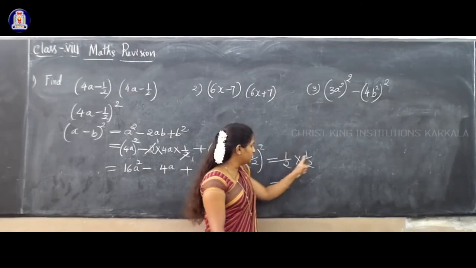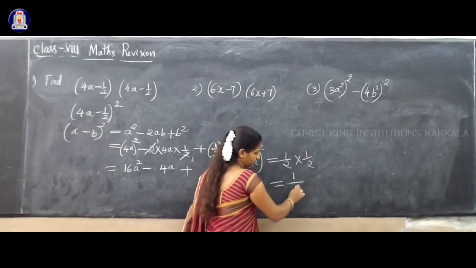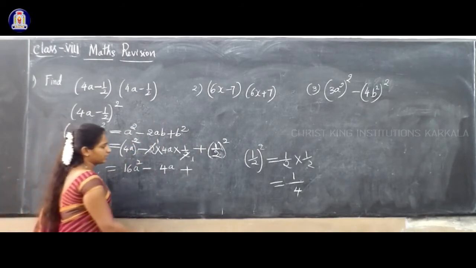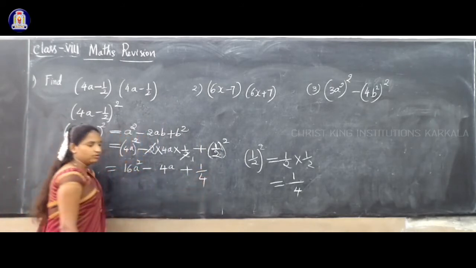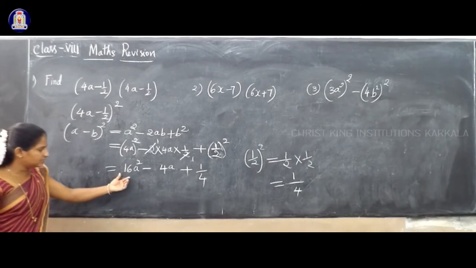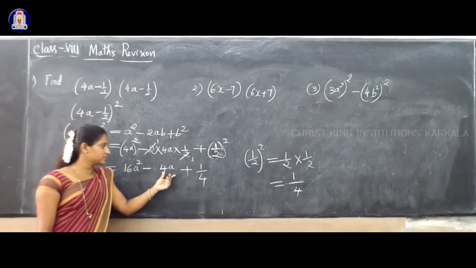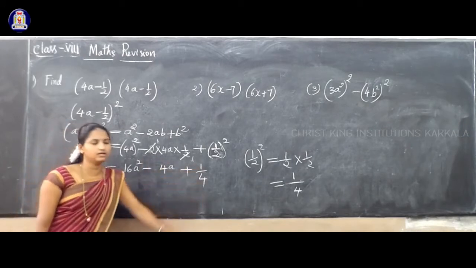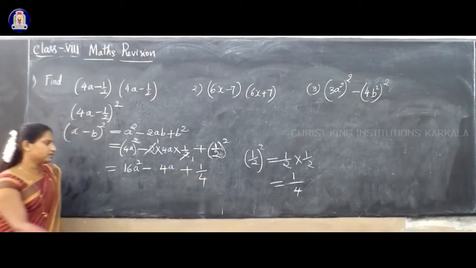So 1 into 1 is 1 and 2 twos are 4. So the answer is 1 by 4. So we got the answer 16a square minus 4a plus 1 by 4. So this is the final answer.